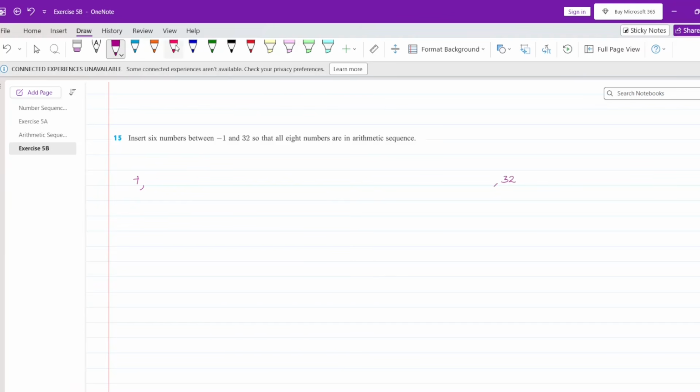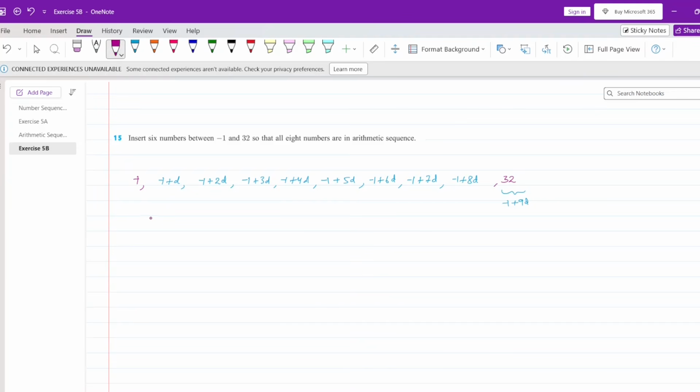And what we have to do is -1 plus d, -1 plus 2d, -1 plus 3d, -1 plus 4d, -1 plus 5d, -1 plus 6d, -1 plus 7d, -1 plus 8d. Now these are the 8 numbers. So we can definitely say this is going to be -1 plus 9d.